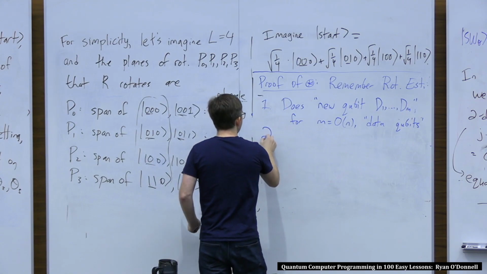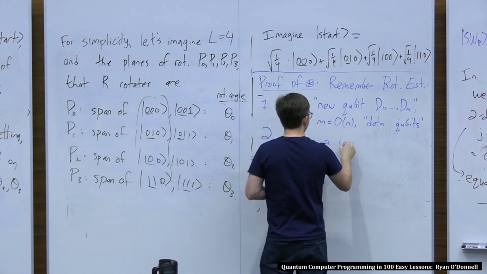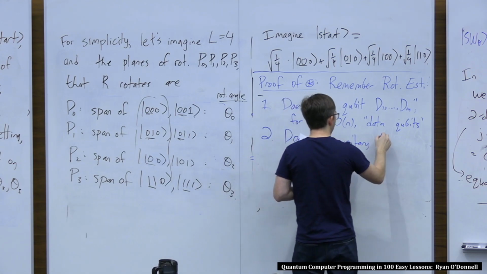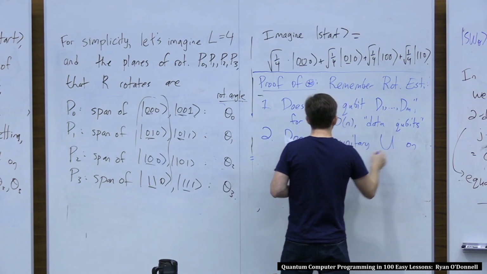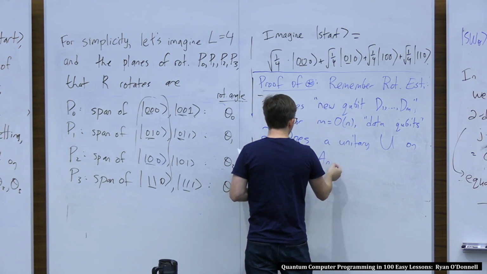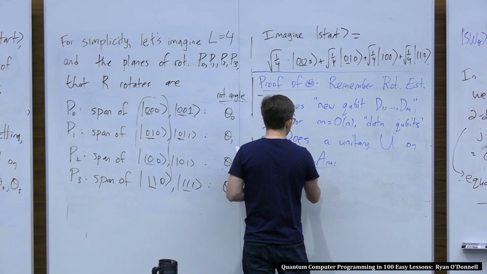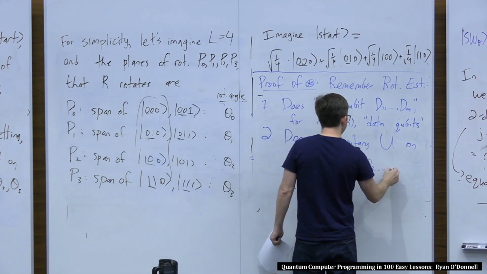And then you can think of it as doing one enormous unitary, which I'll call capital U. This is basically the whole algorithm in some sense, on all the qubits, on A1 through An plus 1, which in our case is just 3, together with the data qubits.